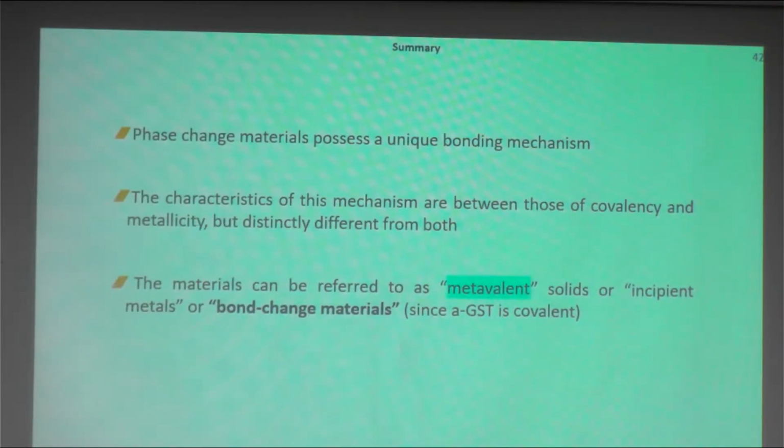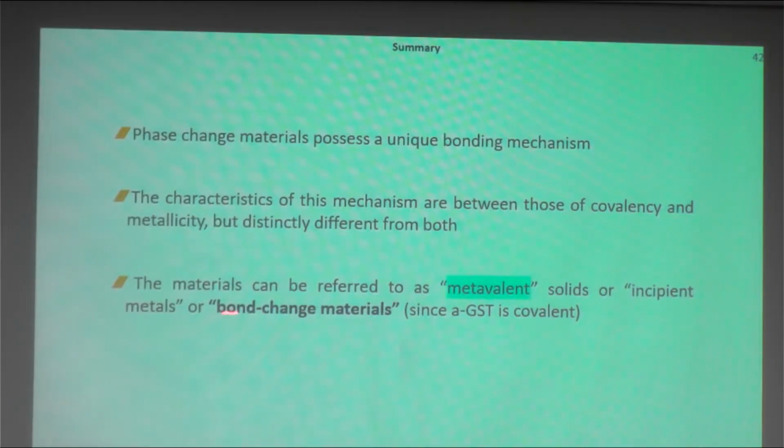So in summary, what we can say is that phase change materials possess a unique bonding mechanism. The characteristics of this mechanism are between those of covalency and metallicity, but different from both.